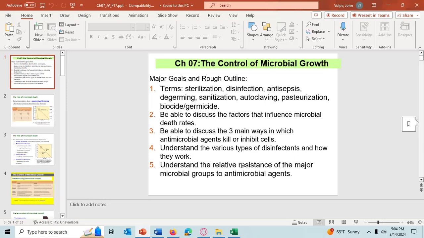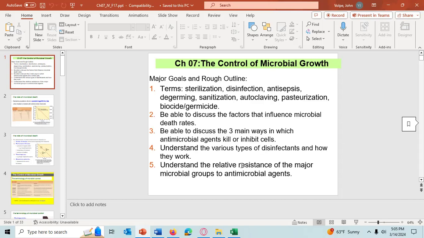Most people know what sterilization, disinfection, antisepsis are. Two, be able to discuss the factors that influence microbial death rates. Three, be able to discuss the three main ways in which antimicrobial agents kill or inhibit cells. Four, understand the various types of disinfectants and how they work. We'll only talk about that a little bit.